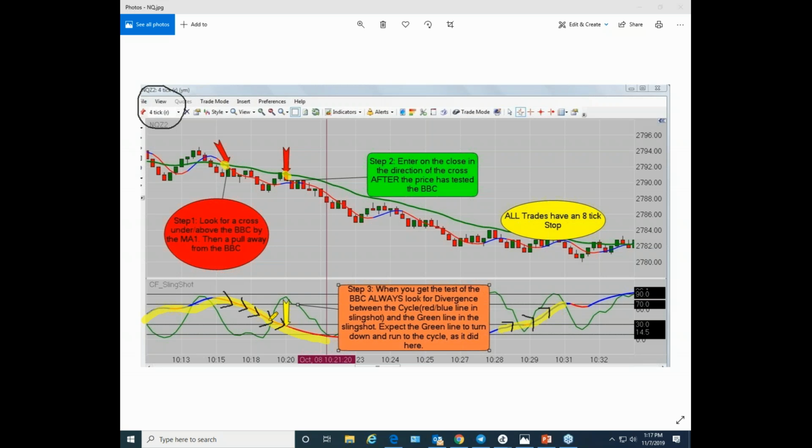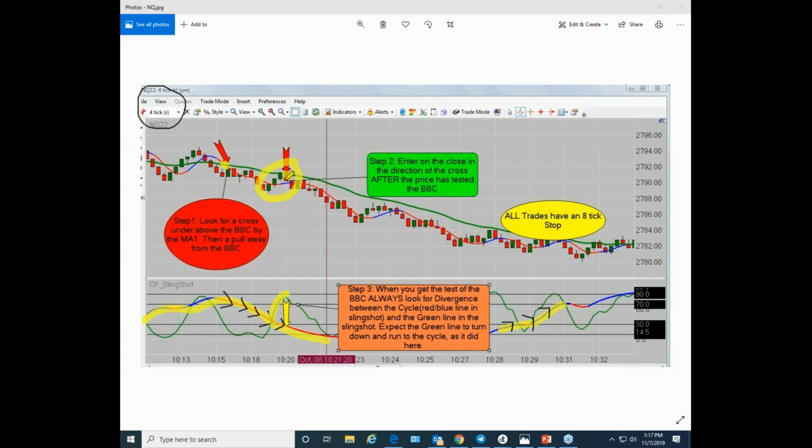The green line, okay? This green line, there's nothing fancy about the label. It's just called the green line. The fact that this is pulling away from the cycle along with the price action here, okay, together, it's saying, look, this is just a pullback in this ongoing downtrend, okay?